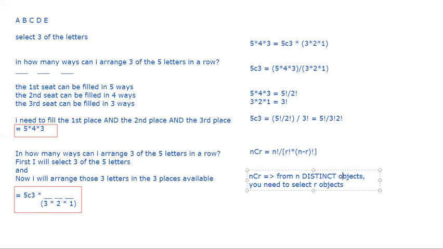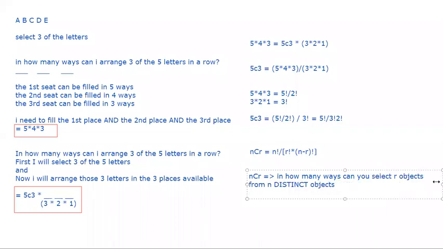In how many ways can you select r objects from n distinct objects? This is what nCr does. The most important word here is distinct.